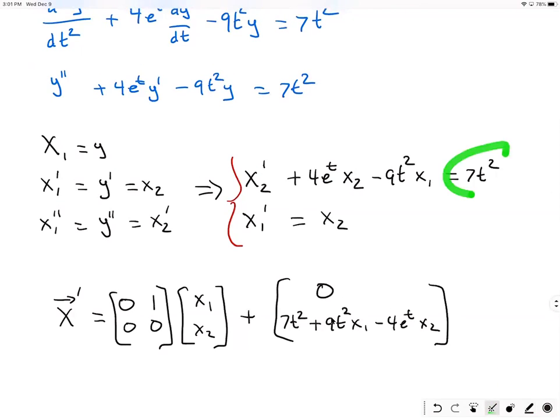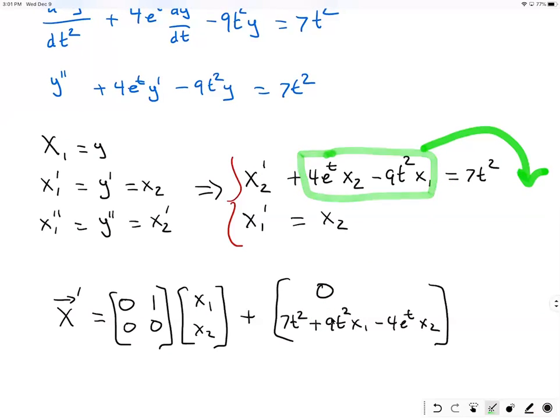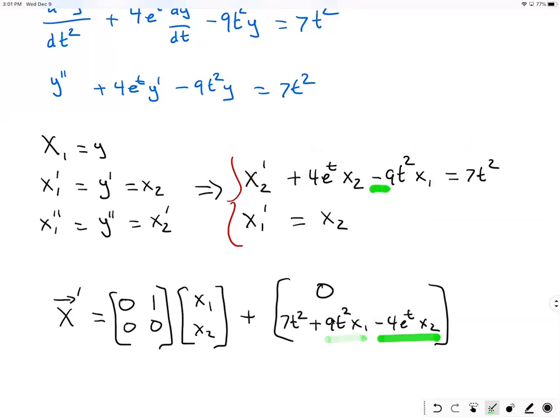So I took this and then I put all of these terms on the other side of that equal sign. And that's where I get the positive and negative with these. So what I've done is converted from the second order differential equation into a system of first orders.